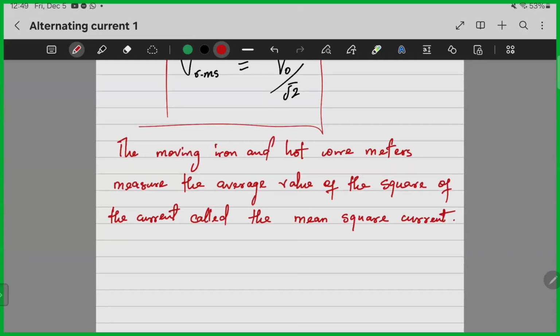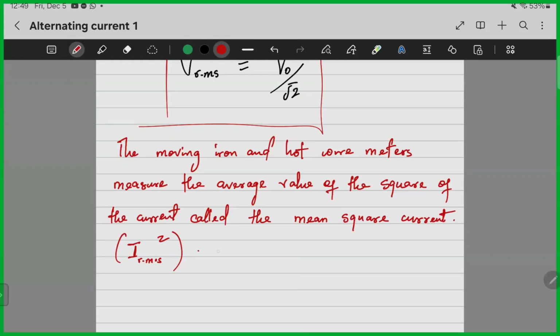So the idea here is that I RMS squared, when you square that, that is the mean square. You understand?